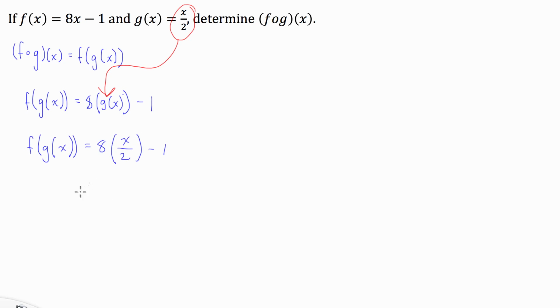We can simplify this a little bit, and that's going to be 8 divided by 2 is 4. And that's how we solve this f of g problem.